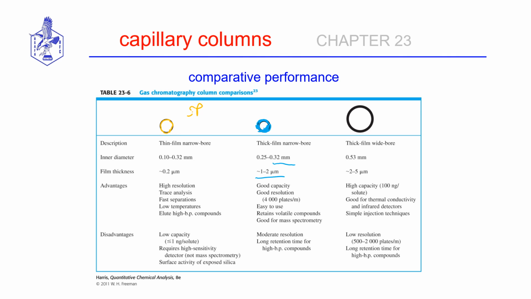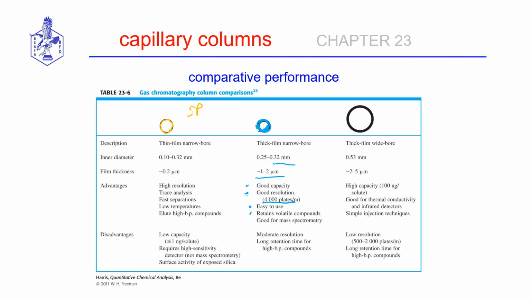And so how does this perform? What are the major advantages? It gives us good sample capacity. We can put more sample on the column, analyte species at higher concentrations. We get good resolution, not as good as the thin film narrow bore, but still good resolution in the neighborhood of 4,000 plates per meter of column. They tend to be easy to use.